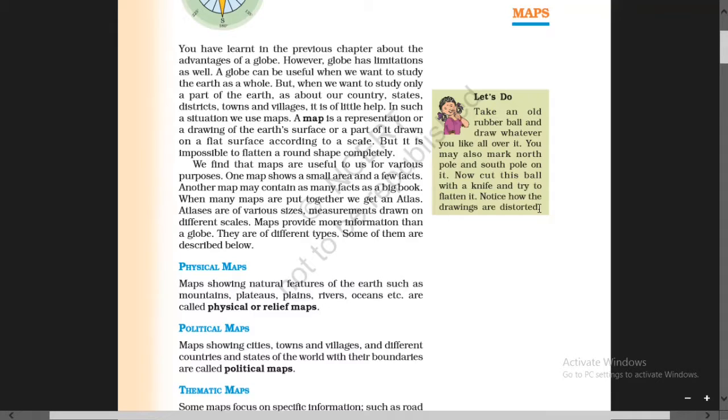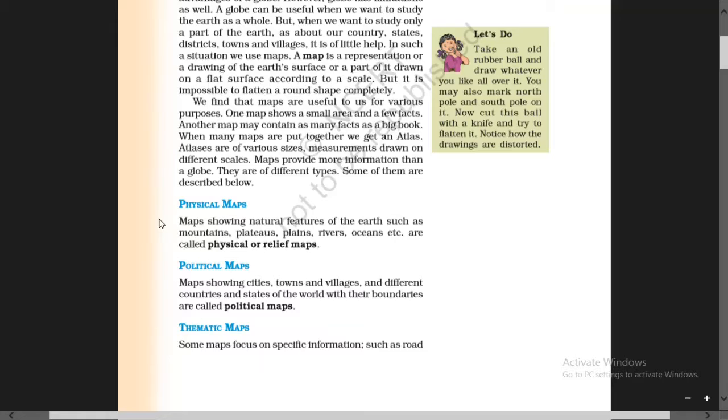Distorted means pulled or twisted out of shape. Now boys, let us see the different types of maps.